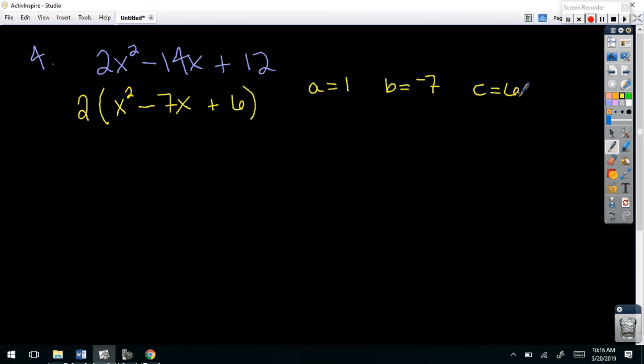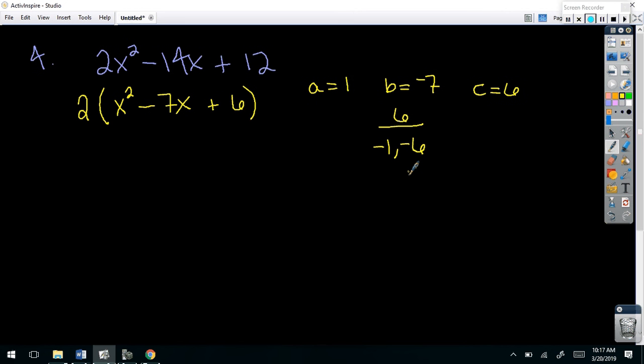All right. A times C is 6. Now be very careful. It multiplies to positive 6, but it adds to negative 7. 1 is, but close. The 1 and 6 is right. Worry about the signs. -1 and -6. Look, they have to multiply to a positive, but add to a negative.